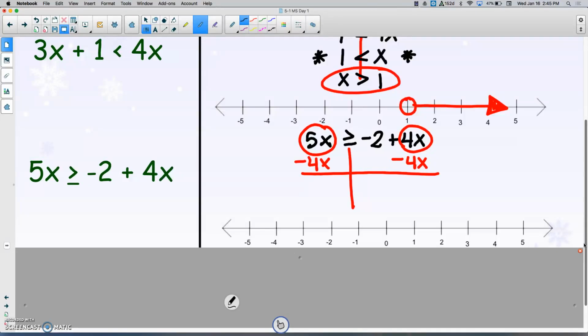Subtract 4x. 5x minus 4x is just 1x. So 1x is greater than or equal to negative 2 is just the same as x. So x is greater than or equal to negative 2. Solid circle, closed circle, pointing to the right. Like that.